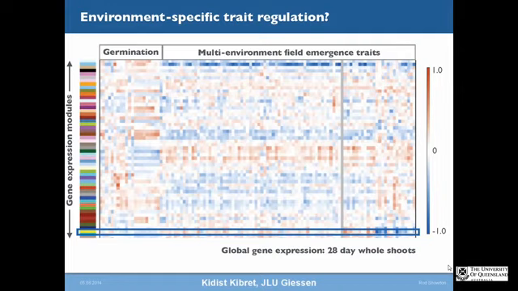So it's a different regulation depending on a specific environment. And so we think that this may be giving us some clues about expression of traits in specific environments. So perhaps QTL or environment-specific QTL.